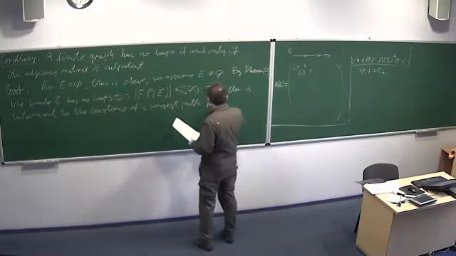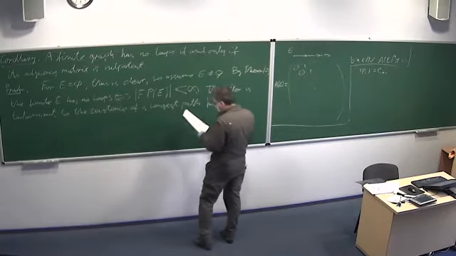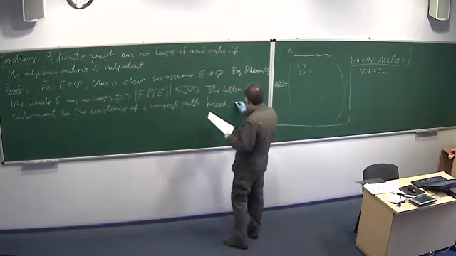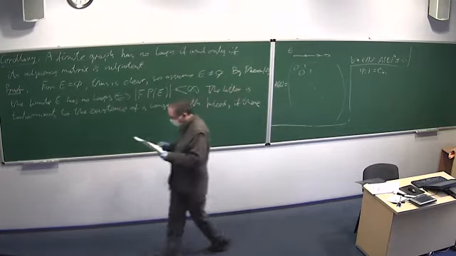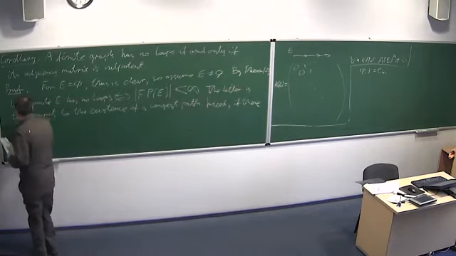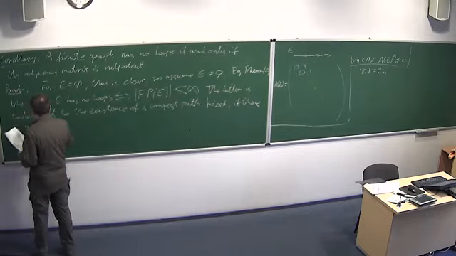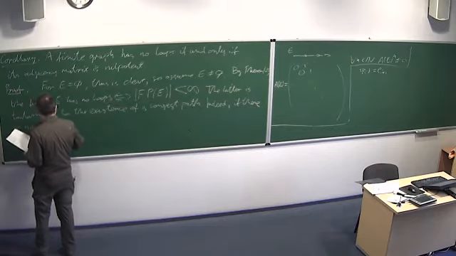But let's see. If there is no longest path, so let's assume this for contradiction. But paths exist because it's not an empty graph.